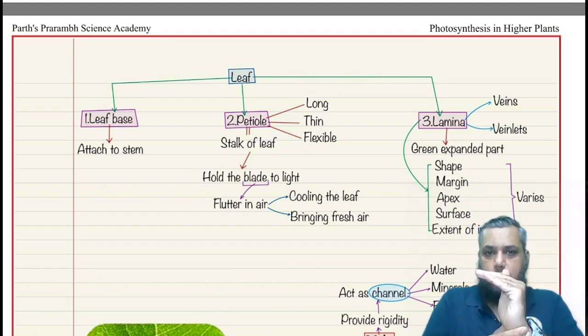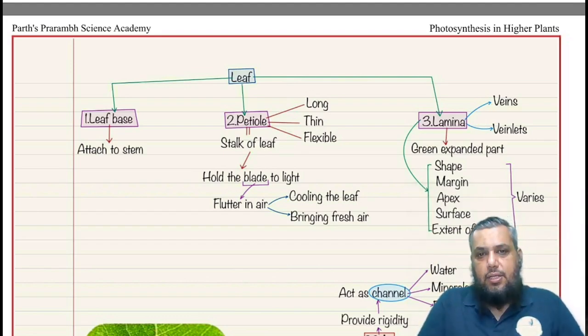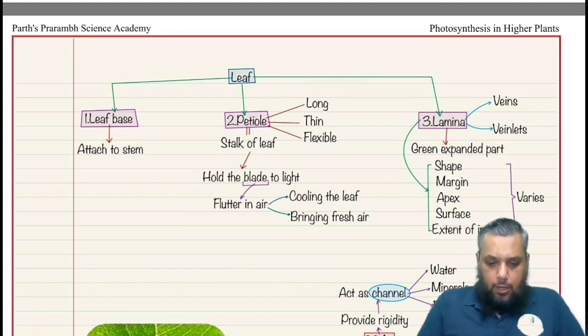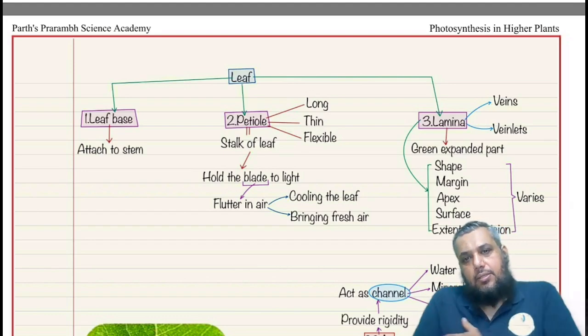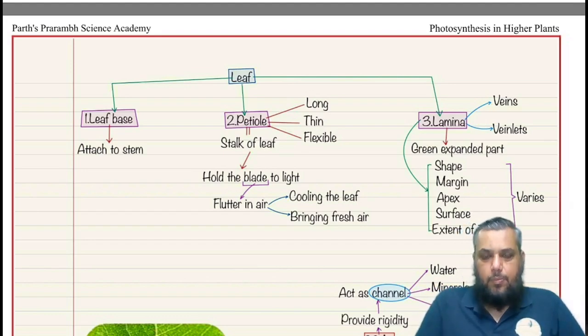Flutter ऐसा move करेगा उसको, ठीक है, जिसकी वजह से leaf will get cooled and it will bring fresh air around the leaf. So basically we can say that the petiole orients the leaf in such a manner that it gets enough sunlight.